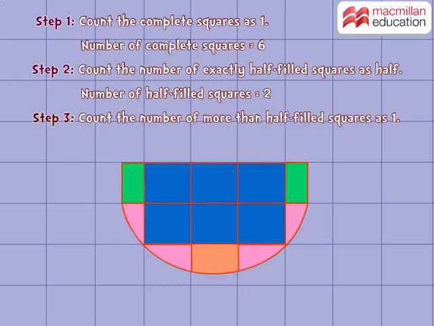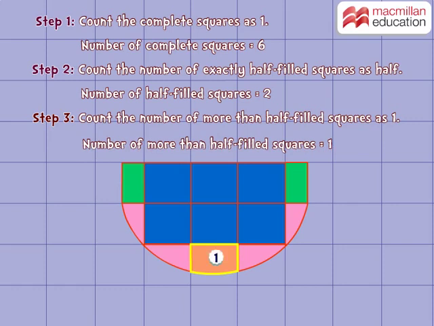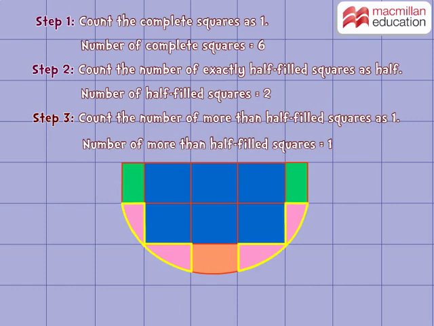Next, we count the shaded portions that occupy more than half the square. There is 1 such square and we count the square as 1. And the shaded portions that occupy less than half the square are ignored.